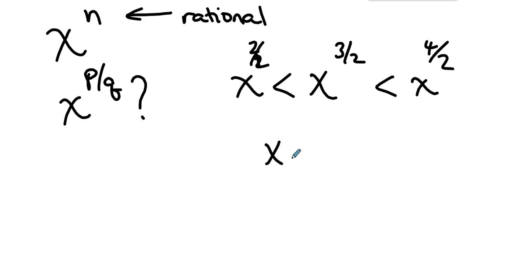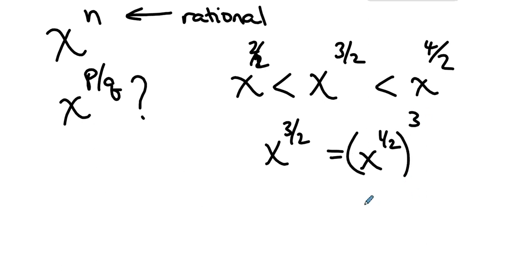And we also want it to be the case that x to the 3 halves is x to the 1/2 to the 3rd power, because we still want x to the c times d to represent x to the c to the d. So really, it boils down to what are we going to mean by x to the 1/2? Because whatever that is, we'll cube it.